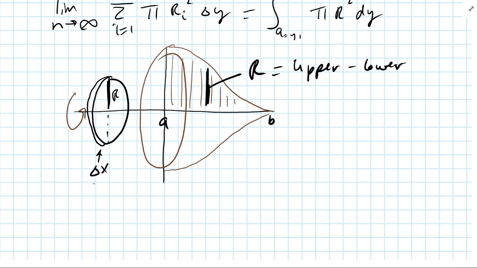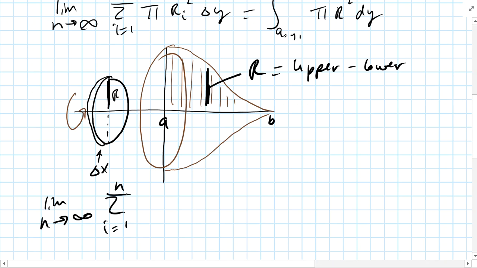If I do an infinite number of these, is the delta x going to 0, and instead of stacking a bunch of disks, I am essentially coloring it in with circles. I'm stacking circles, an infinite number of them. Is that going to give me the exact solid? So now we have a limit as the number of disks goes to infinity, the summation from i equals 1 to n.